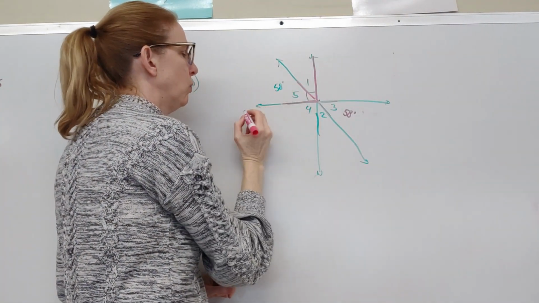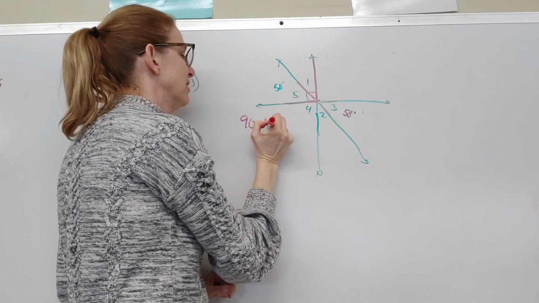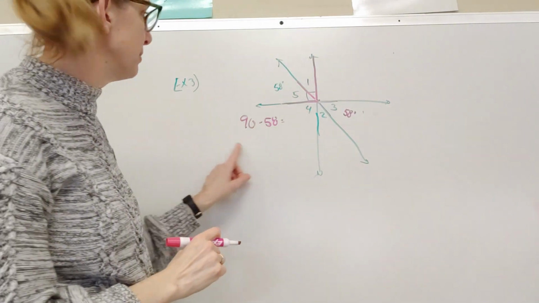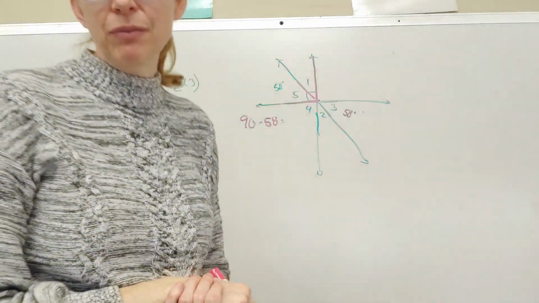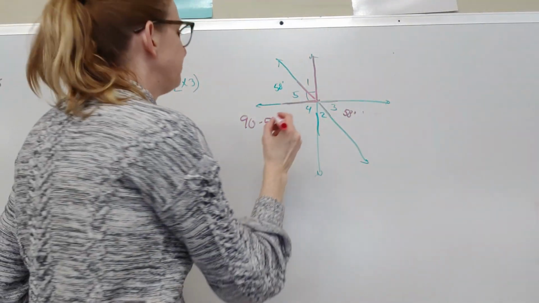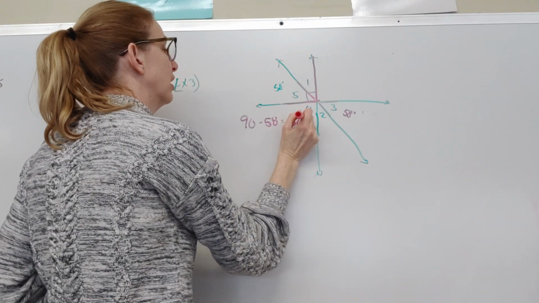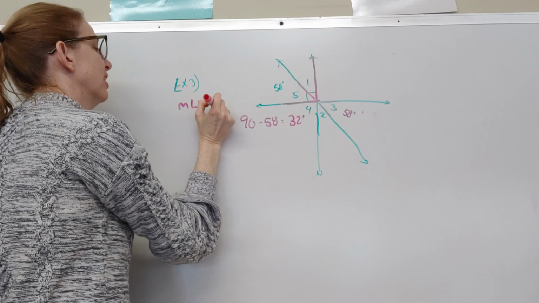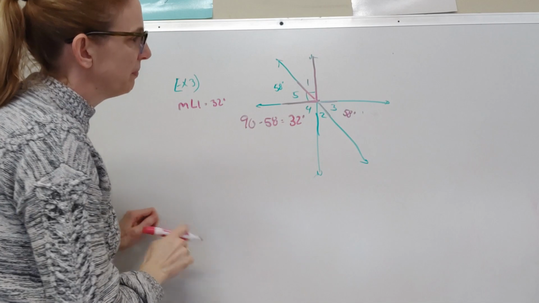To find angle 1, I'm going to take 90 minus 58, because I'm going to find out what angle 1 is. And that tells me that it is 32. So that's one of my answers. The measure of angle 1 is 32.